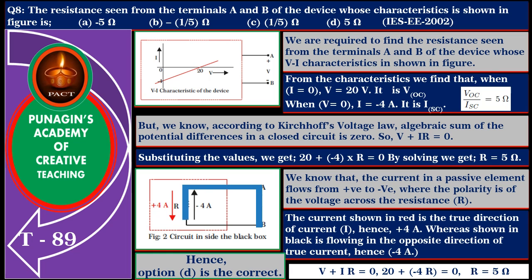By tracing the circuit in anti-clockwise direction, we get V plus IR is equal to 0. By substituting the values and solving, we get R is equal to 5 ohm. Hence, option D is the correct answer.